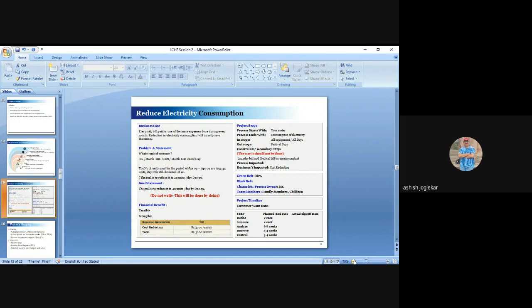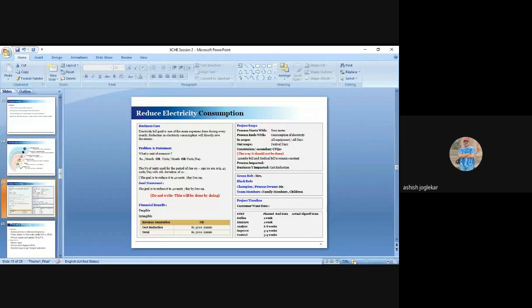So you have to say the number of units used for the period from January to April, 3 months, average of 45 units. The goal is to reduce to 40 units in the next 6 months.